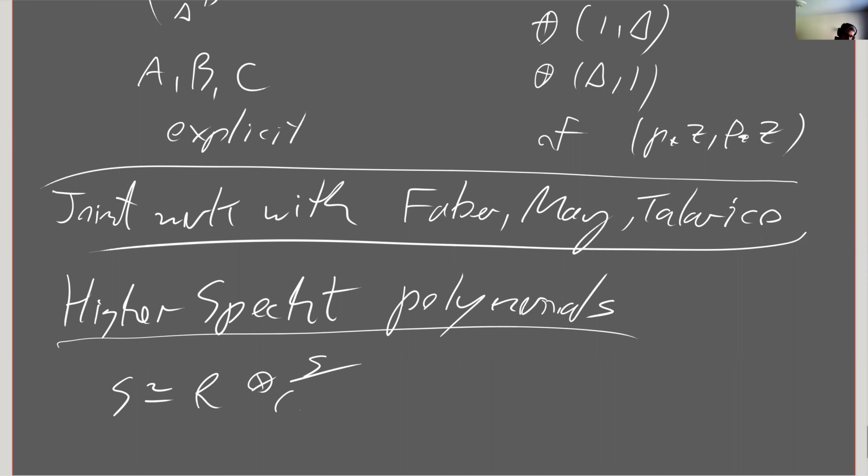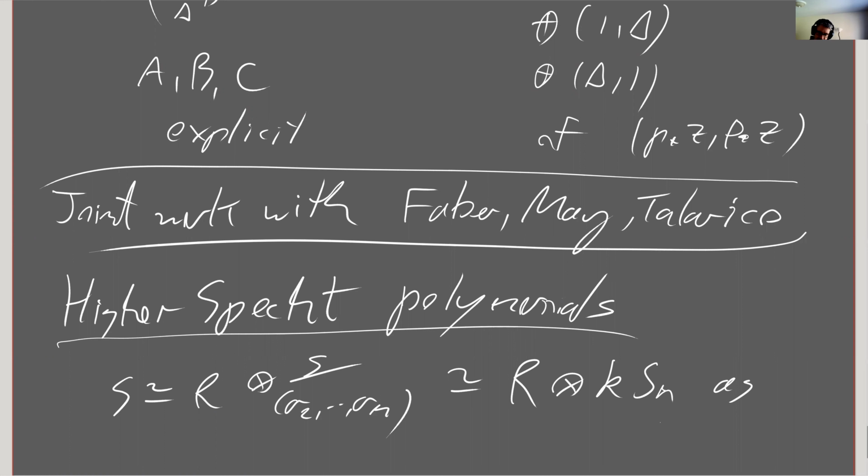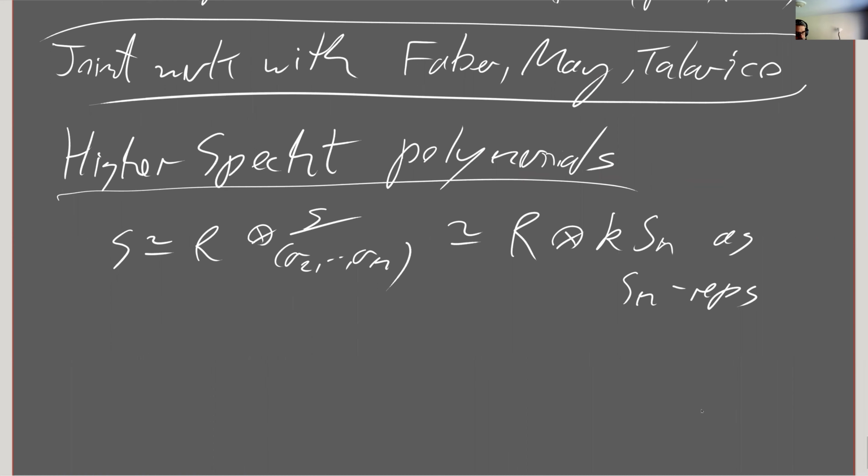The covariant algebra is a regular representation, so this is kS_n, as S_n representations. Forgetting the other structure, and just remembering the S_n representation structure, these are two statements, right? Okay.